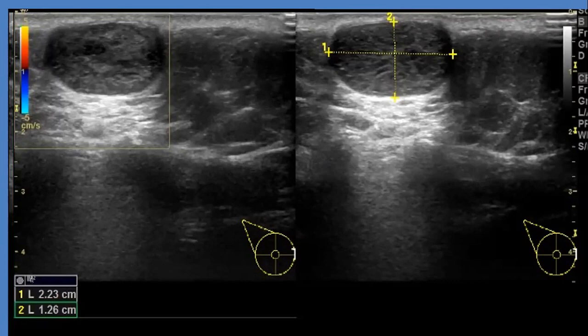Your differential is what? Within the parenchyma, is it skin or breast lesion? Breast parenchymal lesion or breast skin lesion?